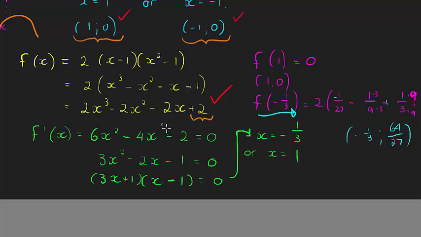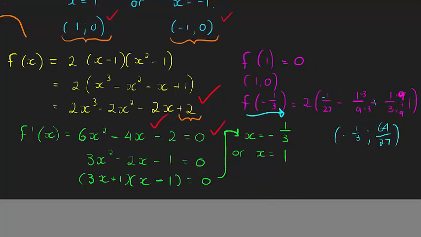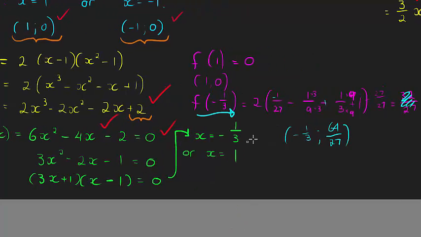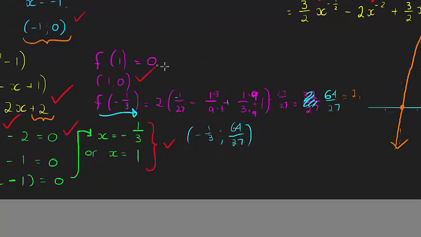Then you got a mark for finding the derivative, making the derivative equal to 0, then finding both of those 2 answers, and then the one coordinate turning point, and then the other coordinate, which I didn't write, and I would have lost the mark. Oh no, I did write it. Here it is. Okay, there's the other mark. See, 1, 2, 3, 4, 5, 6.